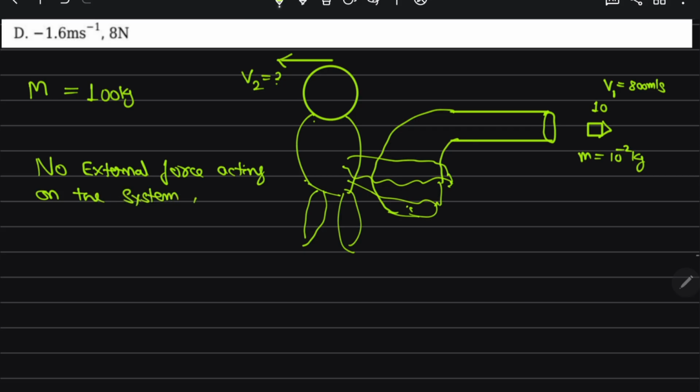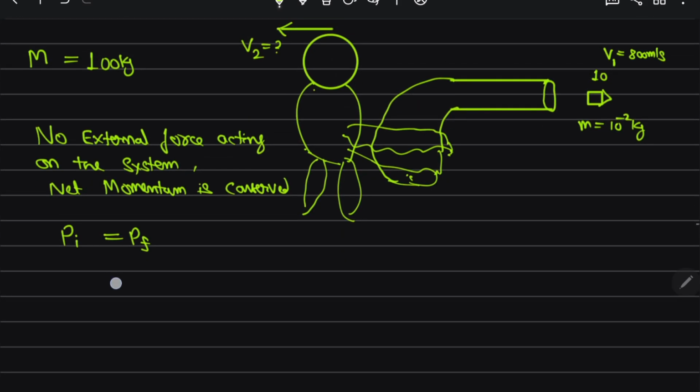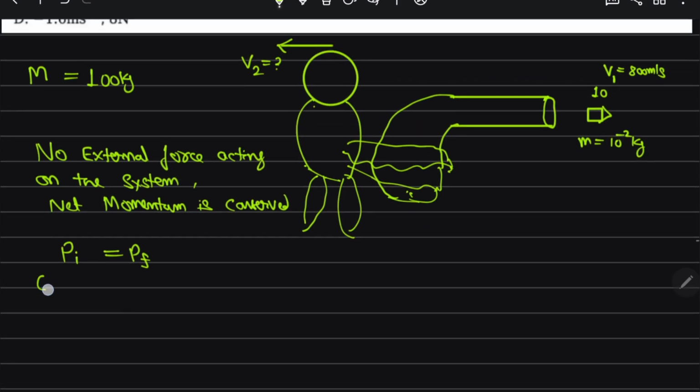So net momentum is conserved. So P initial is equal to P final. Initially both are at rest.